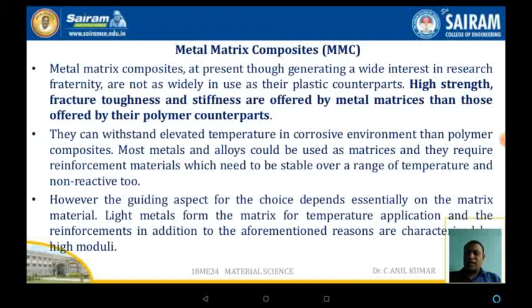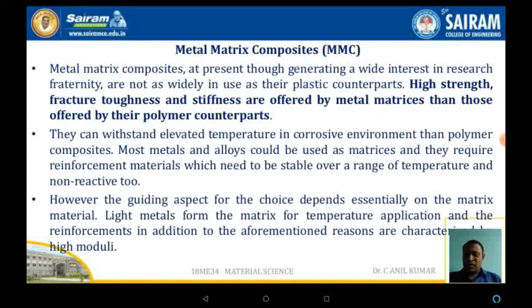They can withstand very high temperatures and even corrosive environments. Most of the metals and alloys could be used as a matrix, and they require a reinforcement material which needs to be stable over a range of temperatures and also non-reactive.